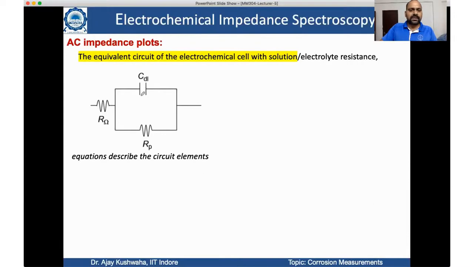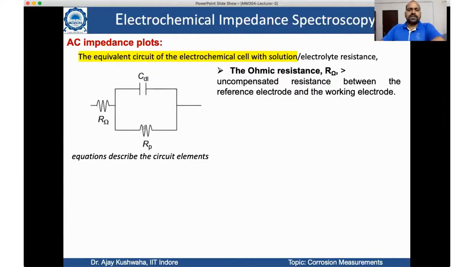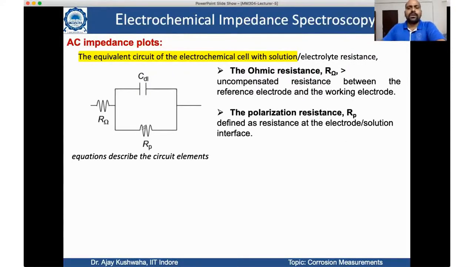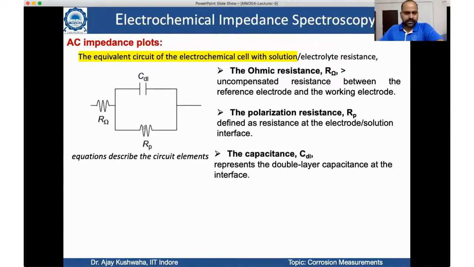At the same time, if there is a polarization, then we are going to have the polarization resistance, or the resistance of the circuit. So these three elements are there: the ohmic resistance, the polarization resistance, defined as the resistance at the electrode or solution interface, and the capacitance, right?